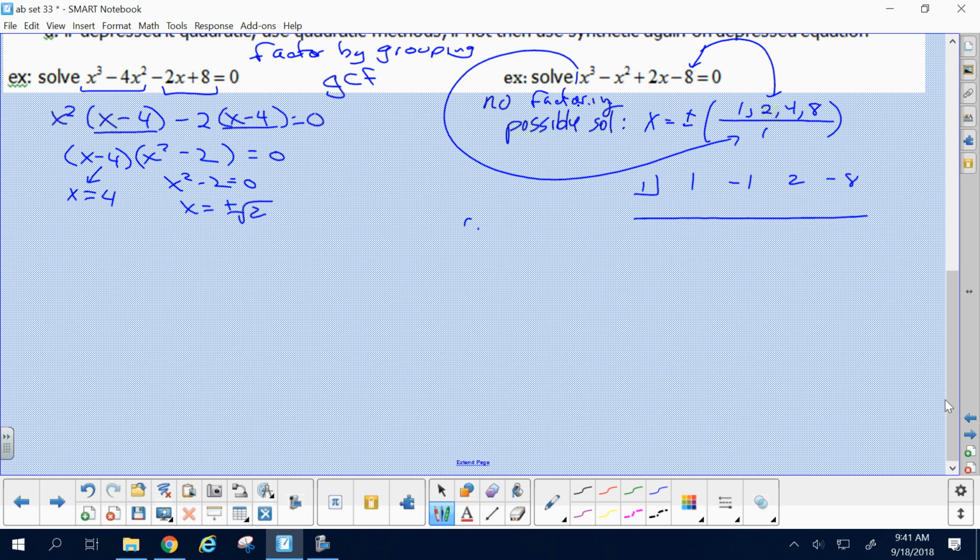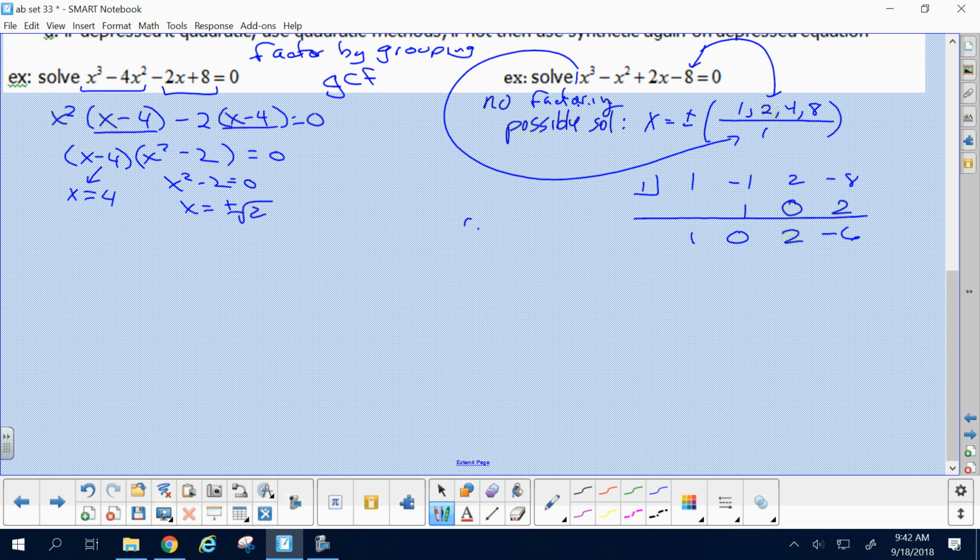All right, what's the synthetic division process? What do I do first? Drop the 1. And then multiply, record it in the next column, add. Multiply, record it in the next column, add. Multiply, record it in the next column, add. Now is that success or not?